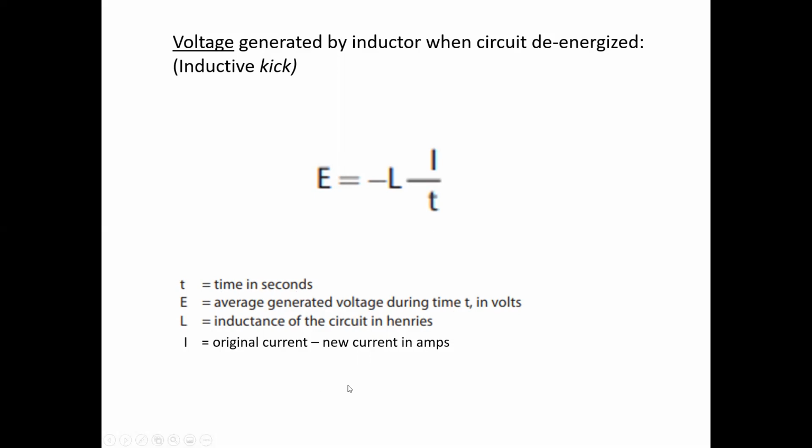So essentially, what we're doing is calculating the voltage based on how quickly the current drops. The original current was, say, 5 amps, minus the new current, which is, let's say, 0 amps. That means 5 amps would be used for the calculation.